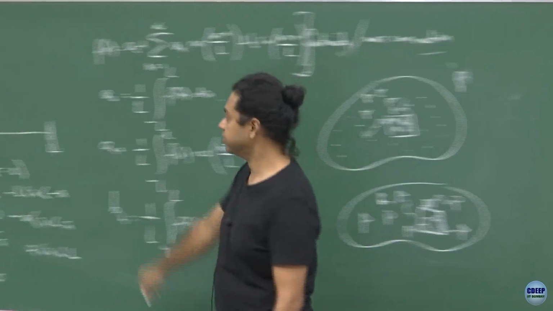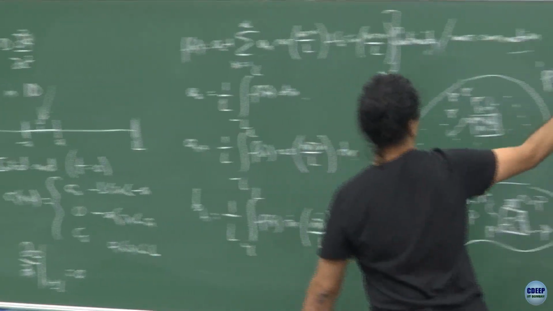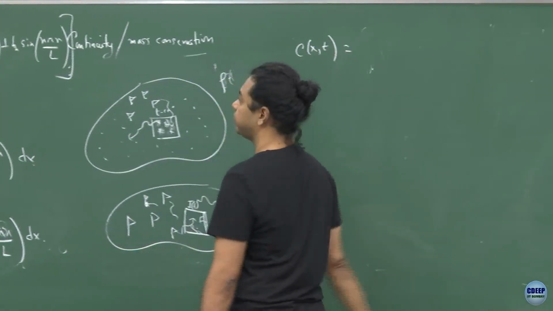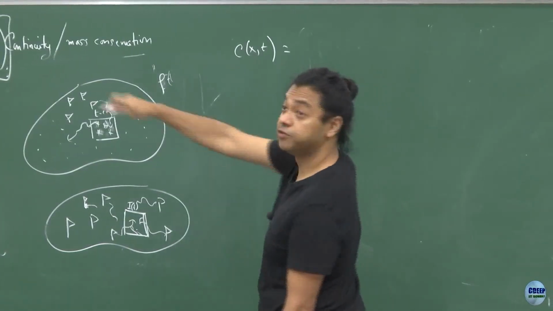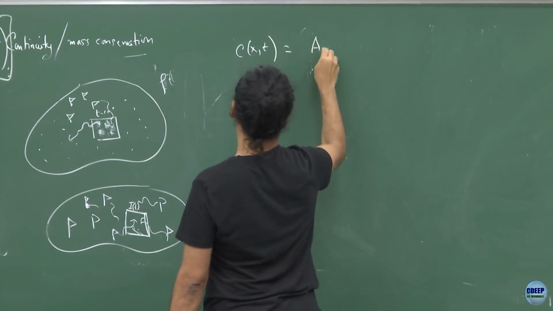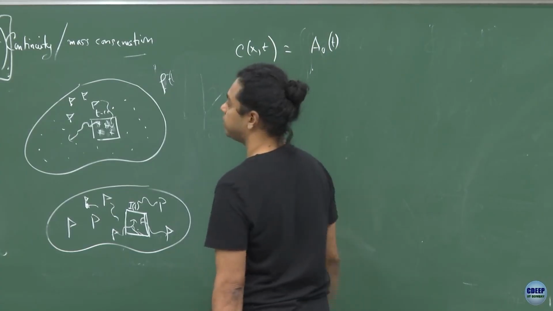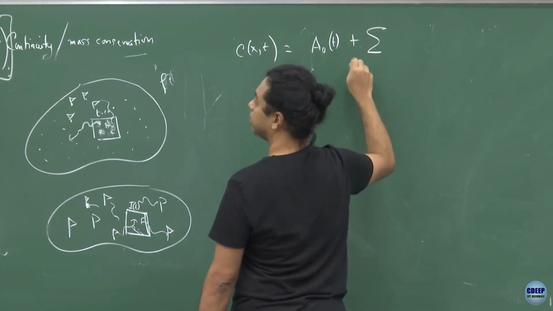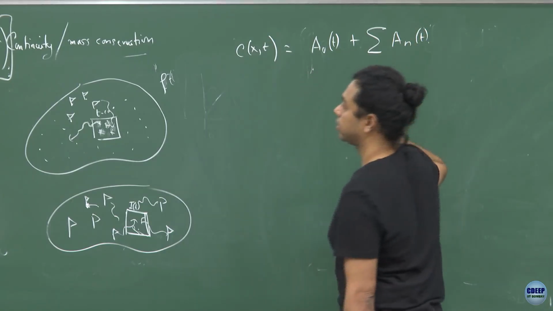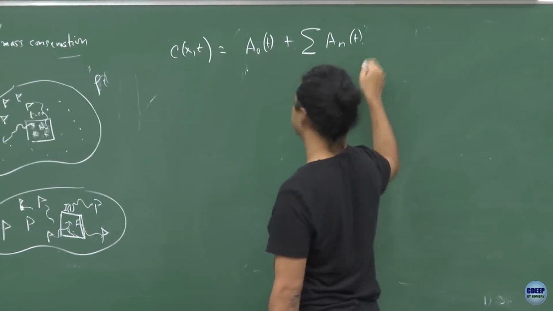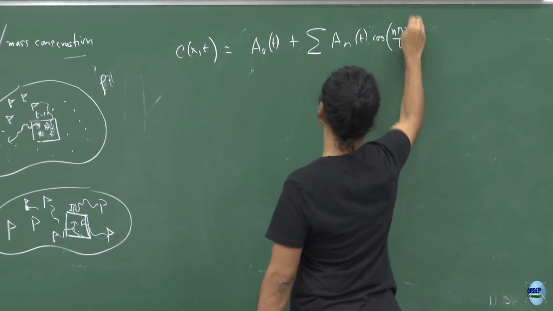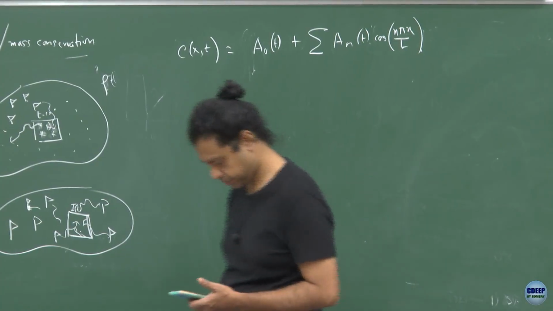So, this is my governing equation, my diffusion equation. I want to write my C of x comma t in terms of this Fourier series. These coefficients become functions of time, of course. So, let me write these as a naught of t plus sum over n of a n of t cos n pi x by L, right.